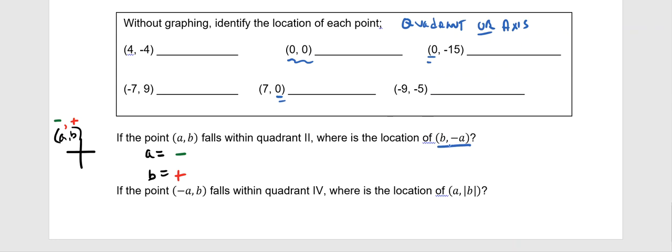So notice my B value is now going to play the role of x. My A value, after some manipulating of it, is going to play the role of y. So let's think about that. If my B is positive, playing the role of x, then my x is now going to be a positive value. So there's my B. It's going to be positive. Now my A value on its own right there was negative, but we want to recognize that there's that oppositizer sign there.